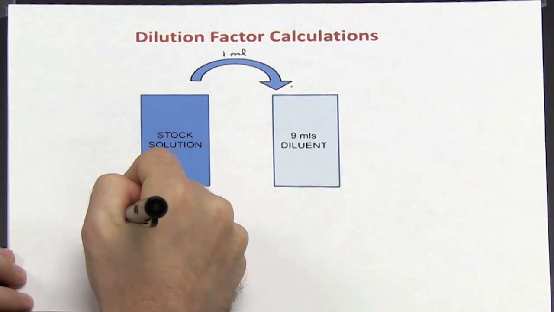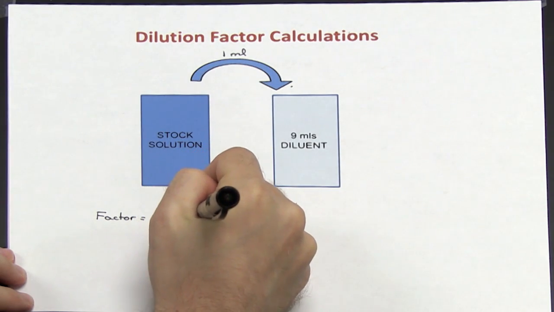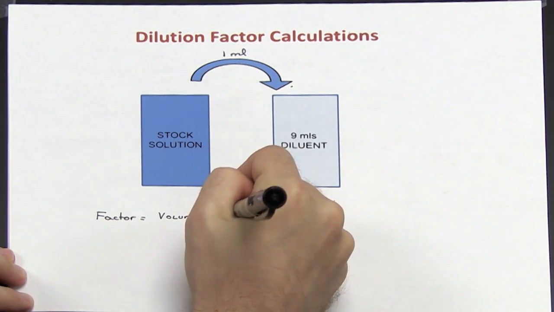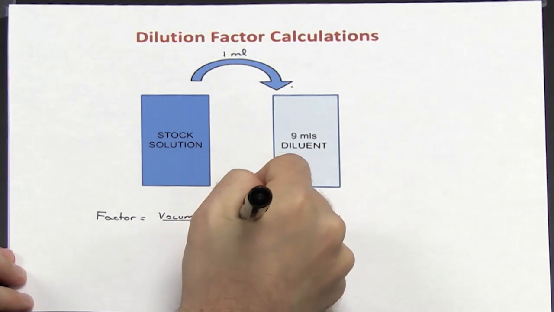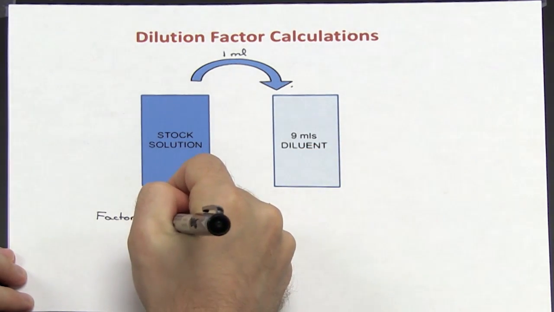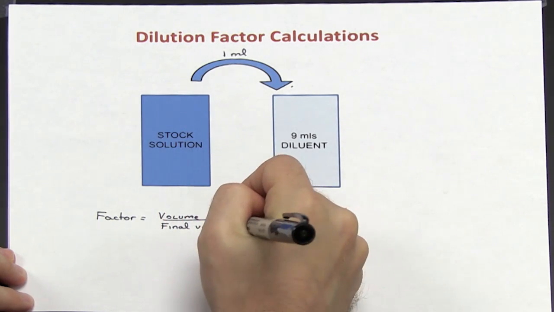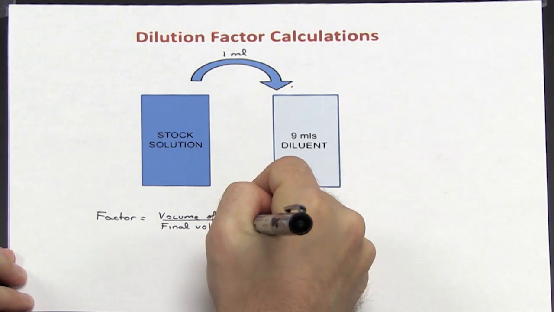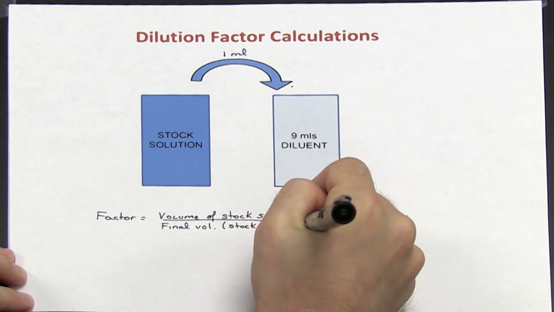And that dilution factor, again, is the volume of stock solution taken divided by the final volume. And remember that final volume includes the amount of stock as well as the amount of diluent.